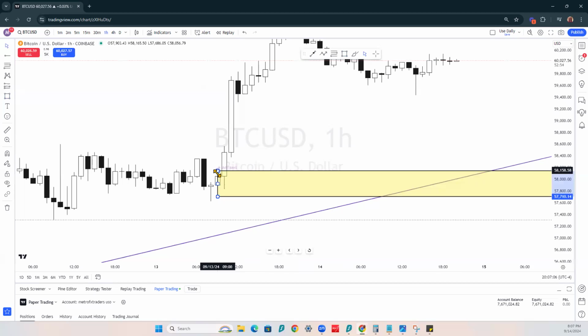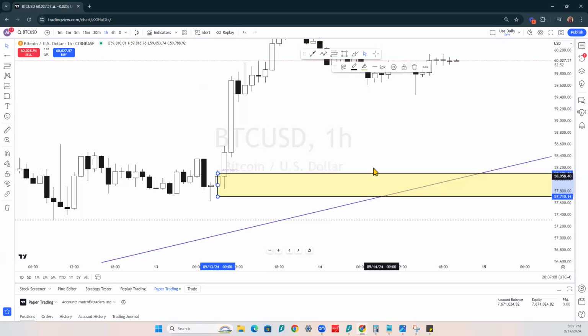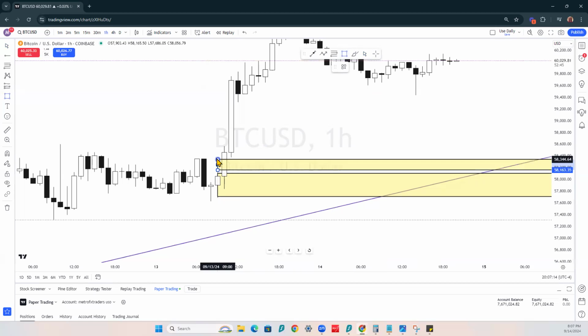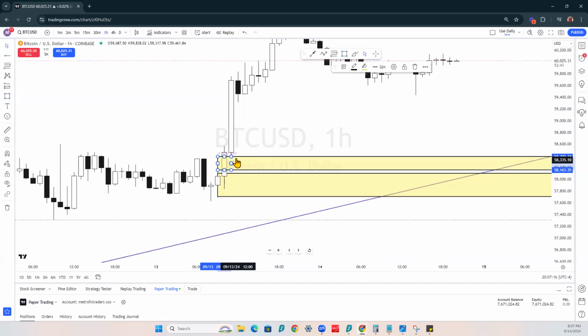And then between this candle and this candle, we have a fair value gap because this candle did not touch this candle. So the market has to come back and fill this gap. Okay. At some point or another, it's got to come back towards the trend line to fill this gap.